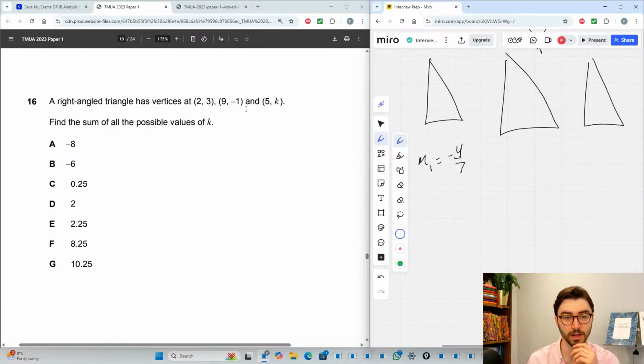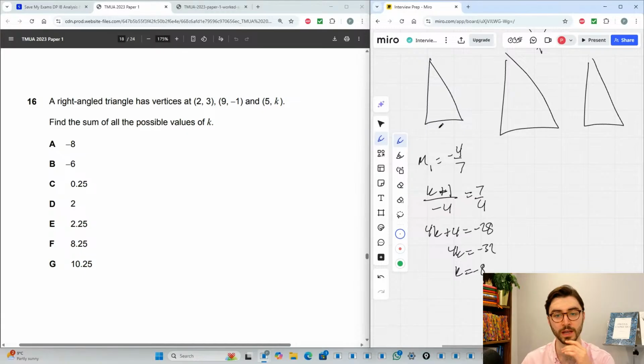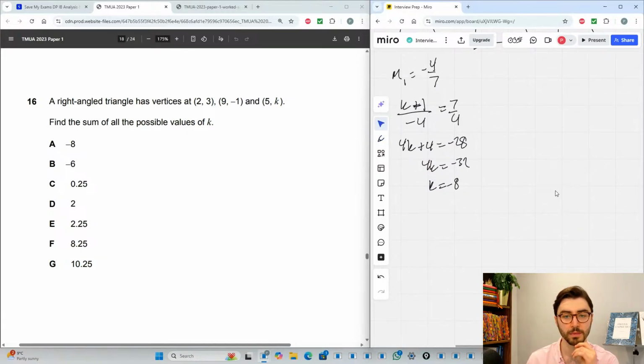So it's either the gradient, so k plus 1 over minus 4 could be equal to 7 over 4, which means that 4k plus 4 equals minus 28, which means that 4k is equal to minus 32, which means that k is equal to minus 8. There we go. We're getting somewhere now.